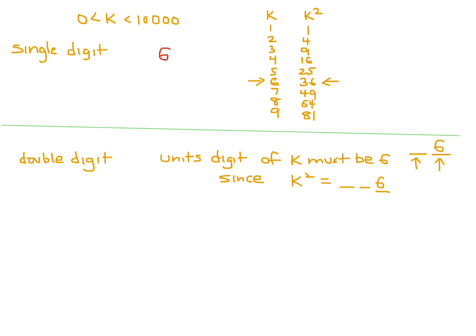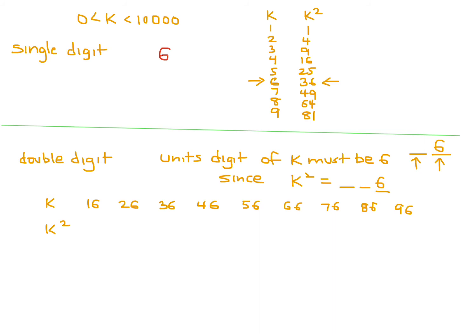Okay, well, of the double-digit numbers, there's only a few of them that end in 6, right? 16, 26, 36, 46, and so on: 56, 66, 76, 86, and 96. So it definitely helps to know that the last digit is a 6. So these are our options for k. And then k squared, I'll let you do that.